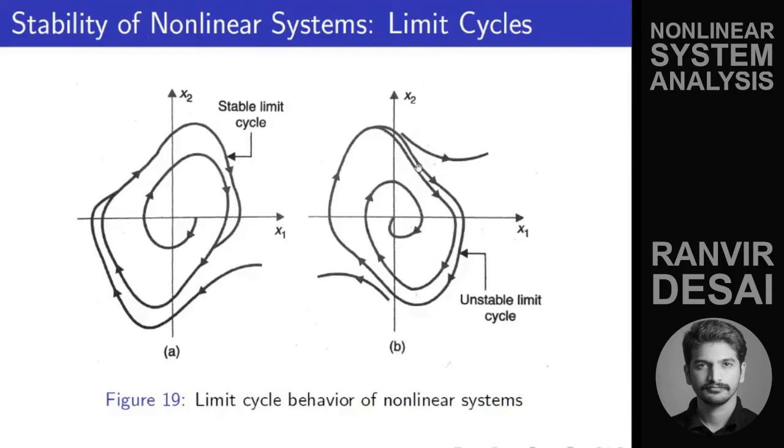You might say that, sir, this trajectory is going towards the origin, so it should be good, it should be a stable system. Yes, in this case it is stable. But there is also a possibility that this leaves outside. There are pretty much any points at which it may leave out or it may leave in. So this limit cycle is an unstable limit cycle, and this is a stable limit cycle.